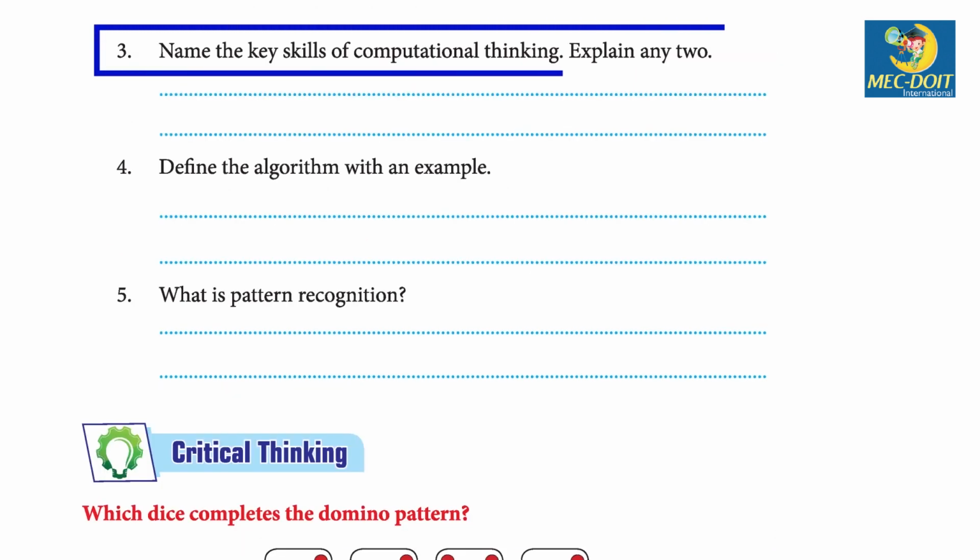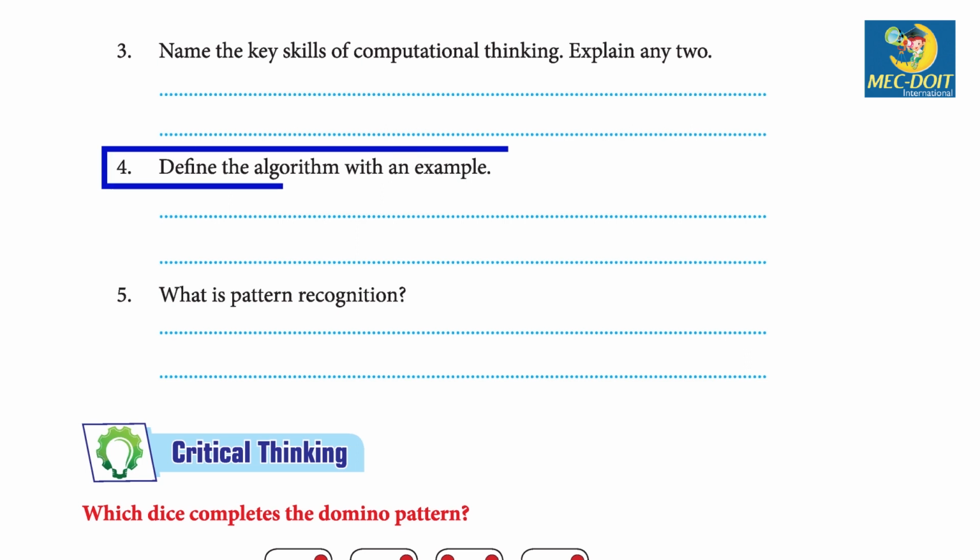3. Name the key skills of computational thinking. Explain any two. Answer: there are 4 key skills in computational thinking: 1. Decomposition. 2. Pattern recognition. 3. Pattern abstraction. 4. Algorithm design. 4. Define the algorithm with an example.